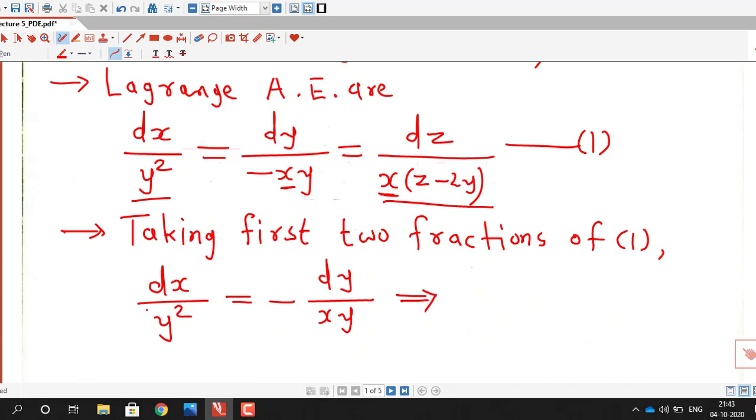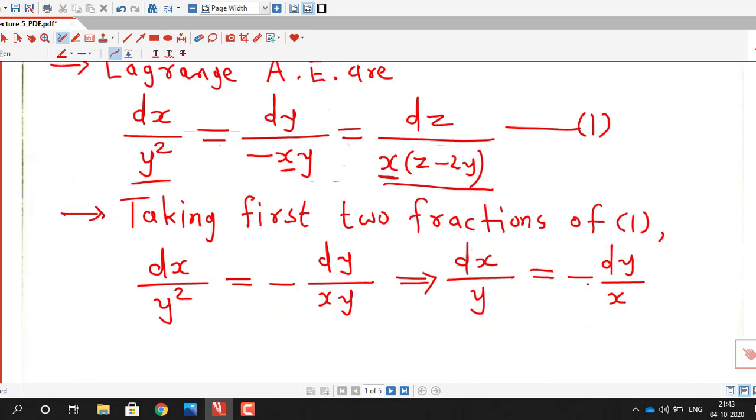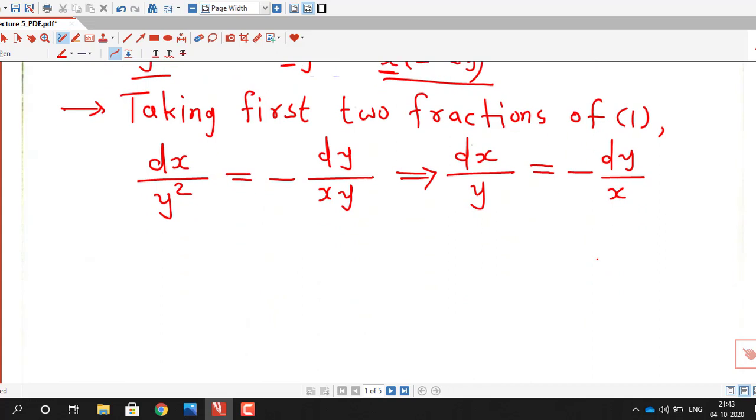This implies, now we have 1 upon y, which we can cancel out, so y will cancel out here, and here also, minus dy divided by x. So we try to write it in such a way that with dx we have terms containing x only, and with dy we have terms containing y only. So this is an ordinary differential equation of first order, which is separable.